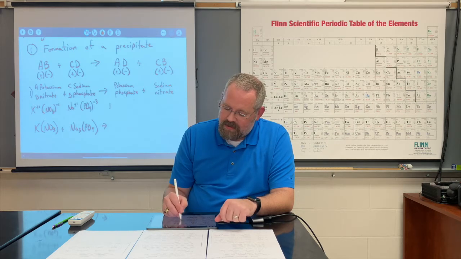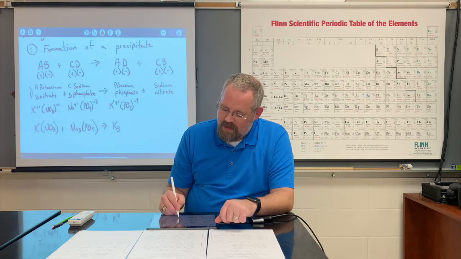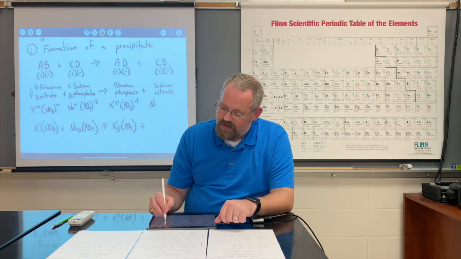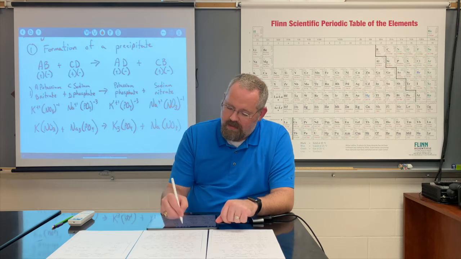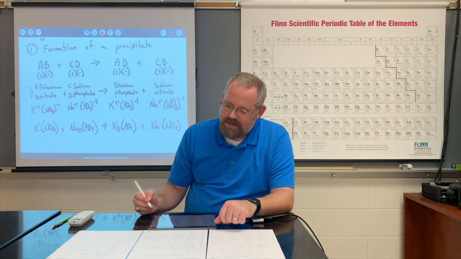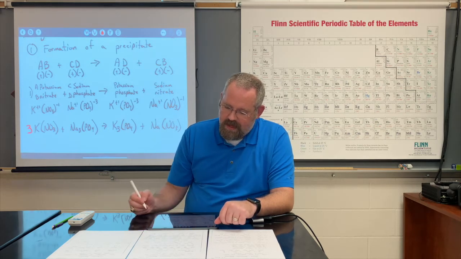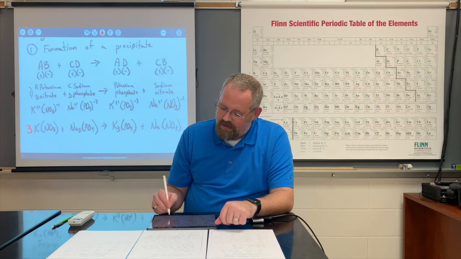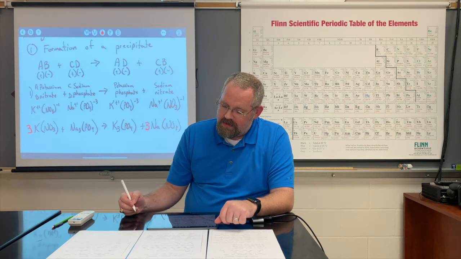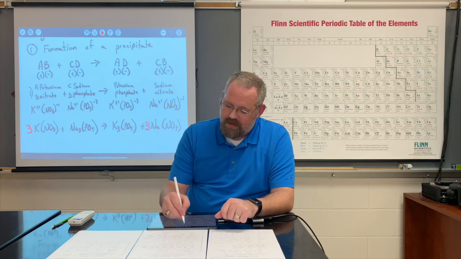Potassium phosphate, potassium is a +1, phosphate again is a -3, K3PO4, and sodium nitrate, sodium is a +1, nitrate is a -1. Put them together, I get NaNO3, and now we're going to balance it. And balancing it, there's going to be 3 potassium nitrates and 3 sodium nitrates, and that should be balanced. It should be good to go.